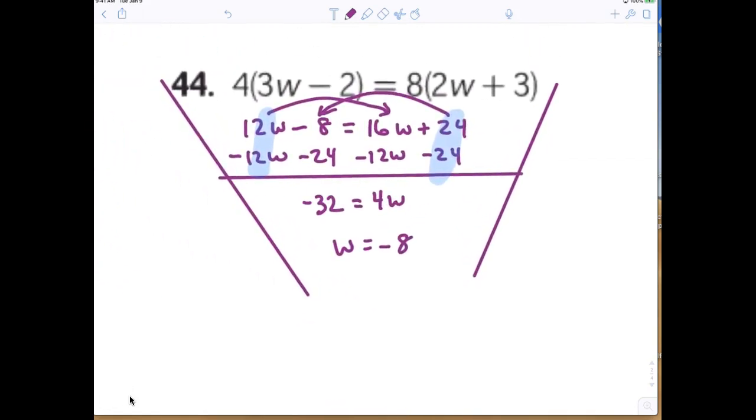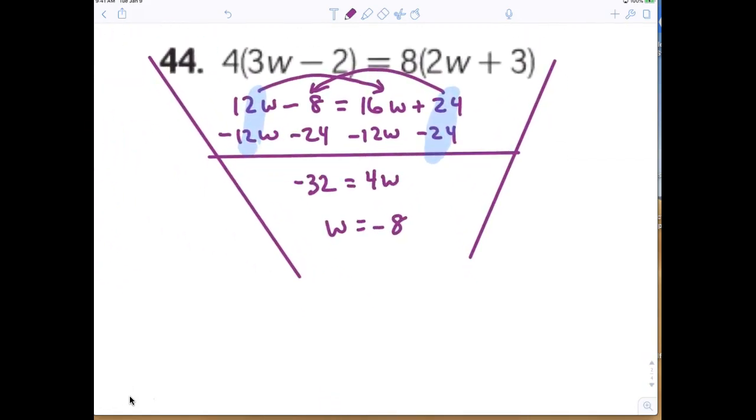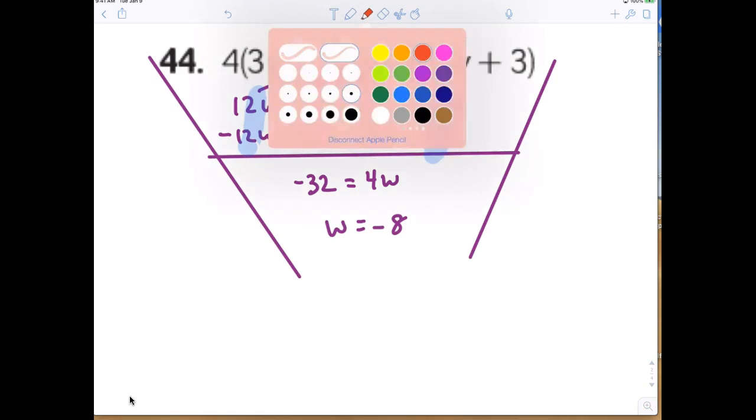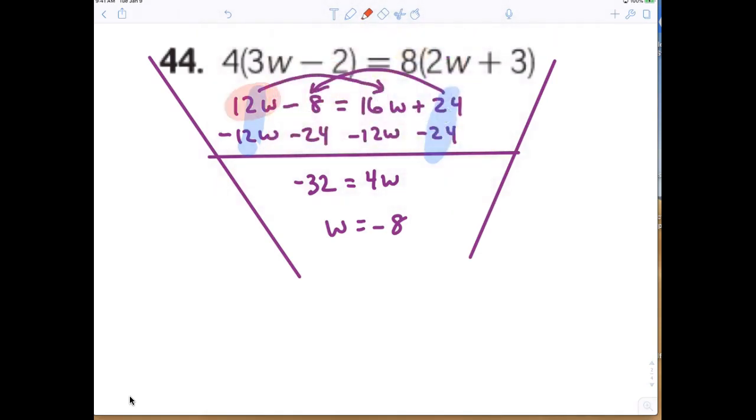Okay, good for you. Where did the negative 12 come from? So what I did, I'm going to show you. See if you see. I'm going to highlight with red here. I needed to move that to the other side. When I move to the other side, I always change the sign. You with me now?